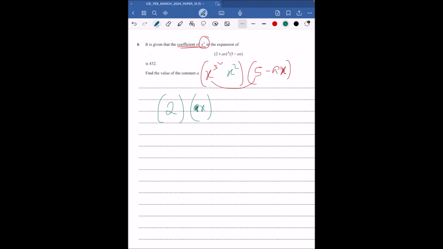Since you're doing statistics, I guess some of you will be doing statistics now, or mechanics. But you remember these powers will always add up to give me whatever the original power is. And I need to get 3. So obviously here has to be 3. And here needs to be 1 because 3 plus 1 is 4. And here will be 3. So here will be 4, 3.